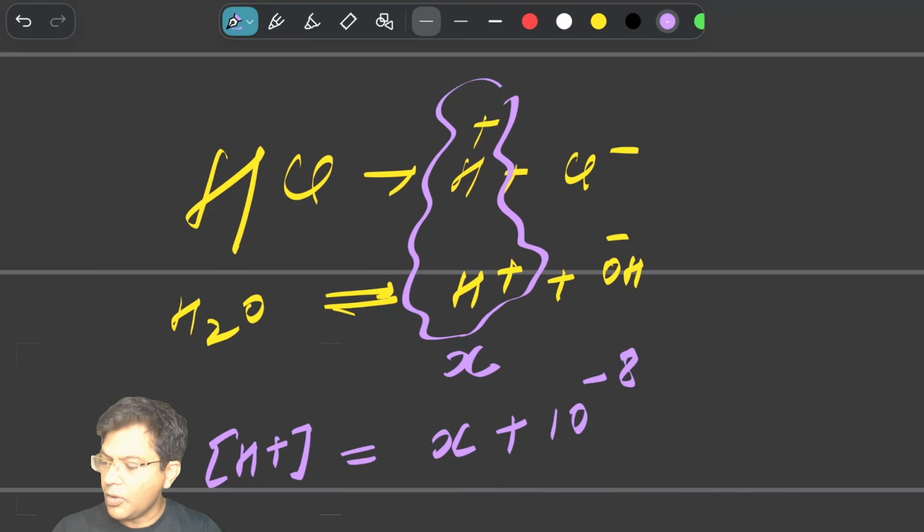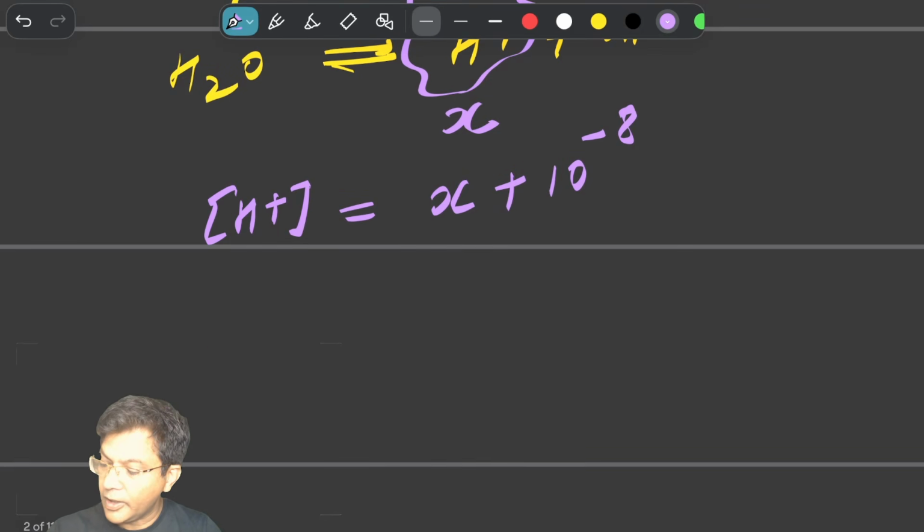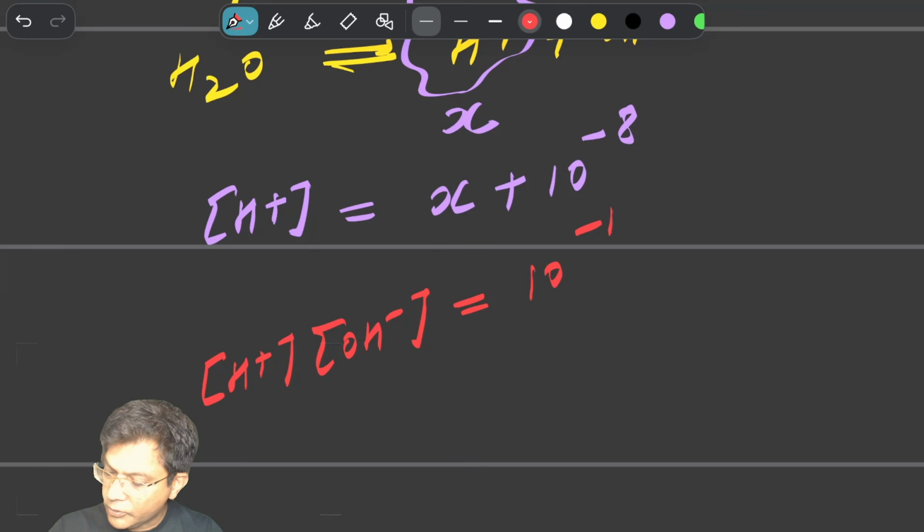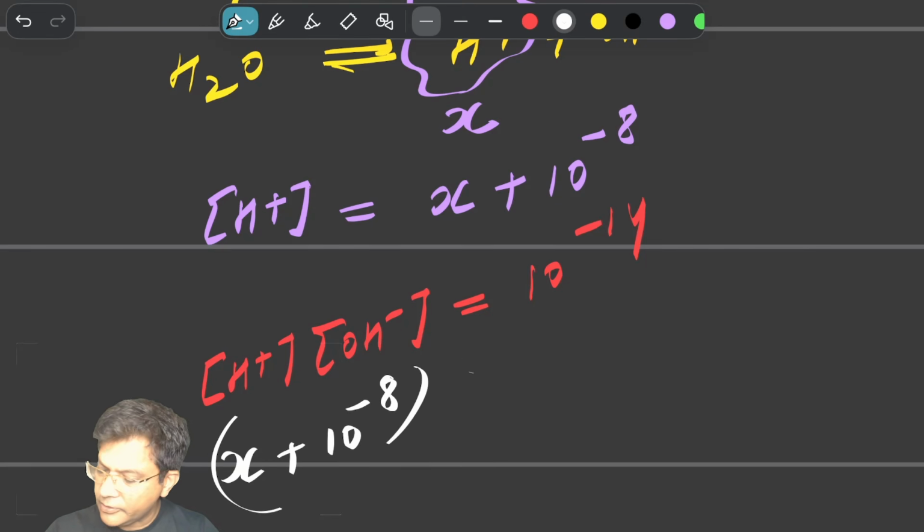Now if I apply the formula, H plus concentration into OH negative concentration is equal to 10 raised to power minus 14 at 25 degrees Celsius. H plus is X plus 10 raised to power minus 8, and OH negative is also X, that is equal to 10 raised to power minus 14.